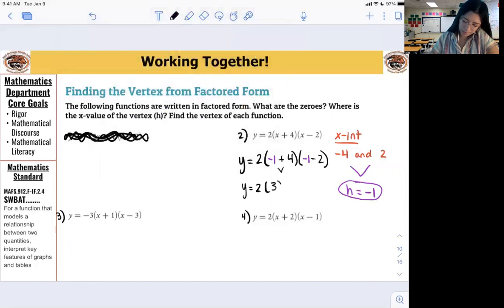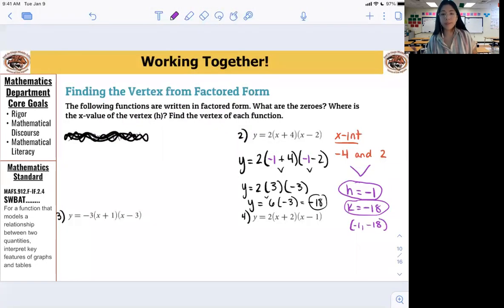What is -1 minus 2? -3. 2 times 3, 6, and 6 times -3? -18. There you go. So k is -18. So my vertex is at (-1, -18). And that's it. And we're done.